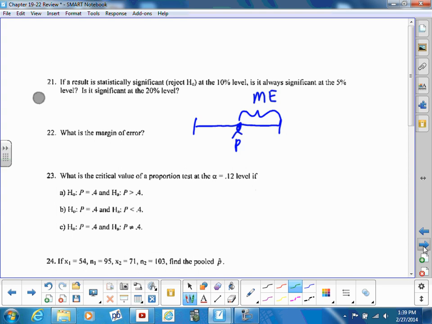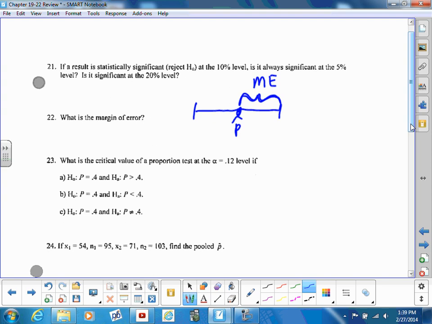Okay, here's the one, the back page that everybody kind of wants. Number 21 and 23, pretty much. Number 22, were there any questions just real quickly on 22? The definition basically of margin of error, it's this range that's going to make your entire interval above and below your sample.